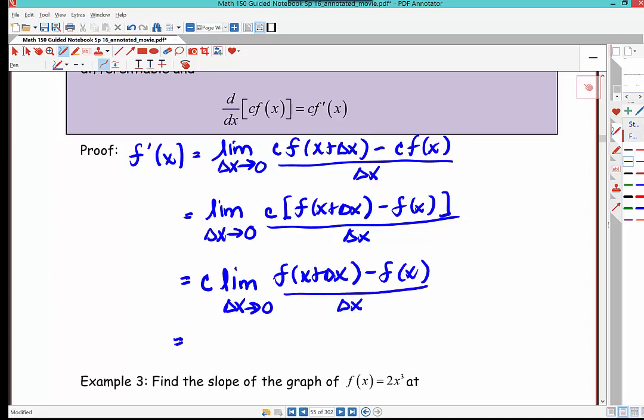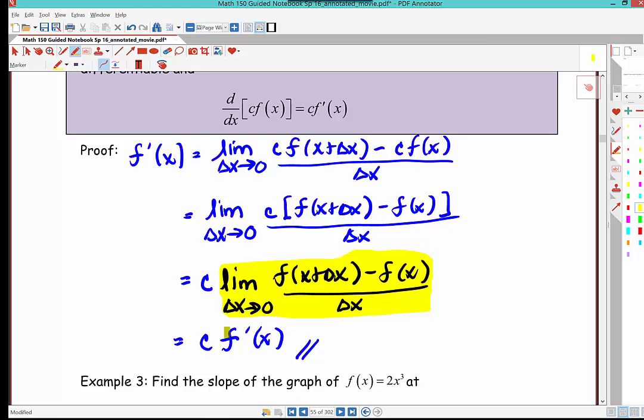But what is that? Perfect. That is f prime of x. So we just did our first math proof. How do you feel? So here, all of this stuff is this. Okay? All right.